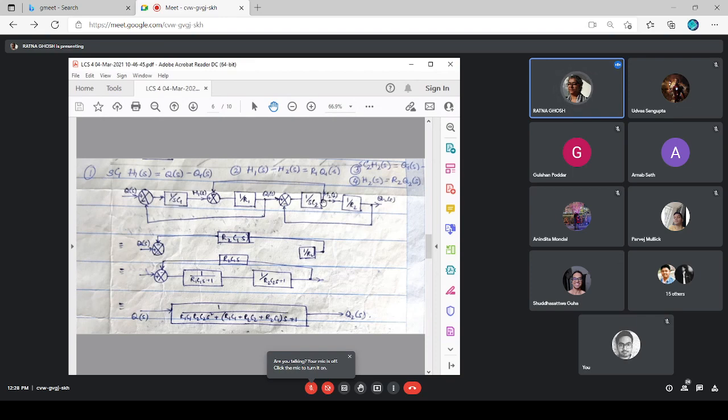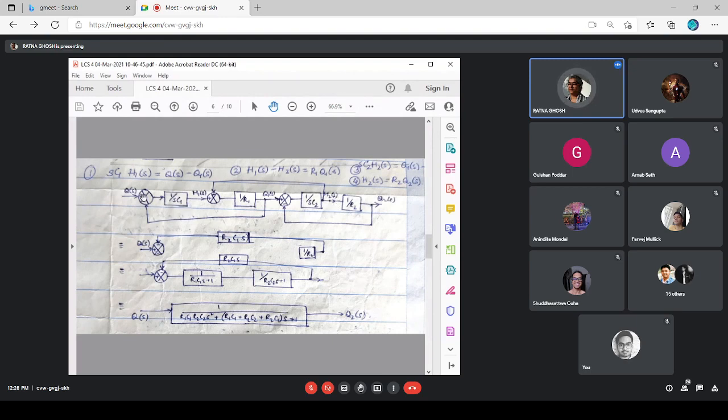Because this is a pick-off point on a pick-off point, I can consider this as a common pick-off point with three pick-offs, or else I can shift this pick-off point beyond this point also, it does not matter. A pick-off point is a pick-off point, before or after will not matter.